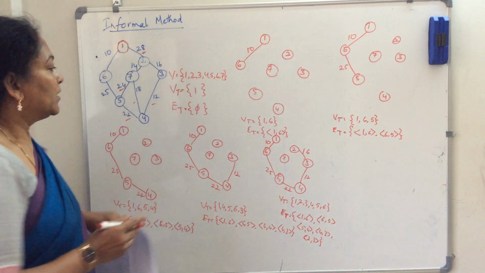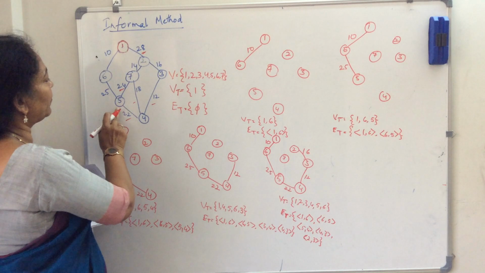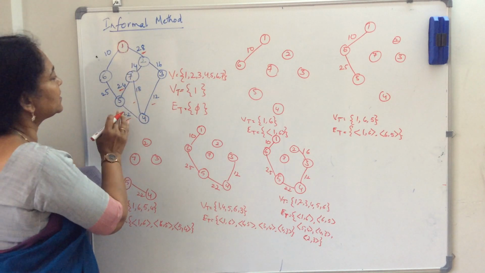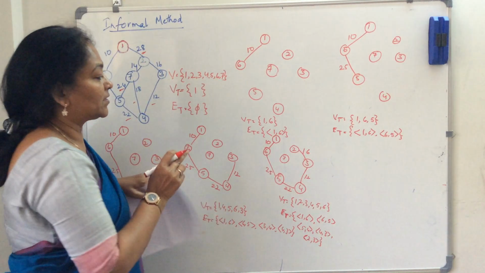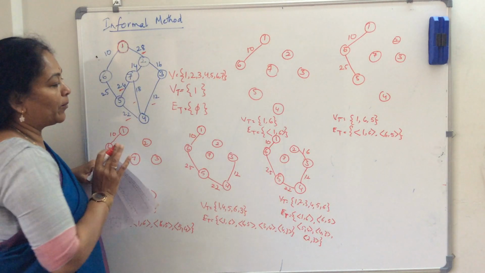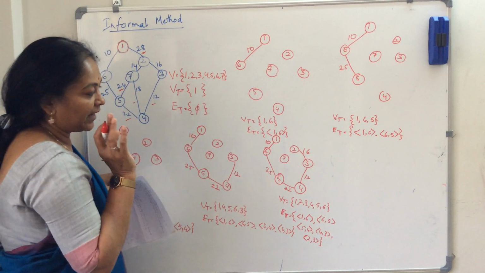Okay, now here 7 is there. 7 is connected via 2, 5 and 4. We can consider only these edges. Okay, so 2, 7 is carrying the minimum cost. And also it is not forming any cycle. So we can consider this particular edge.